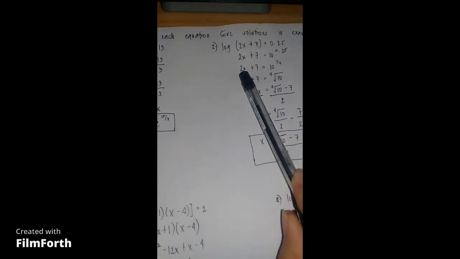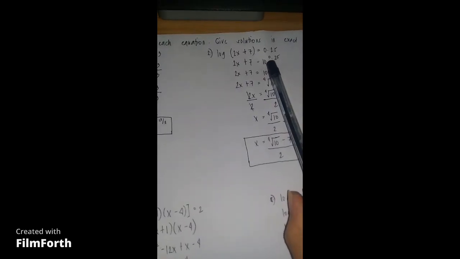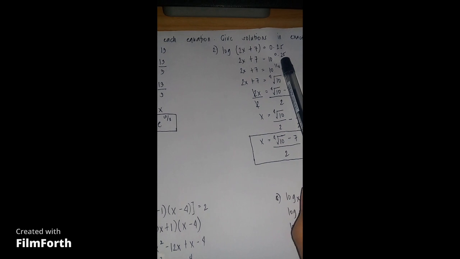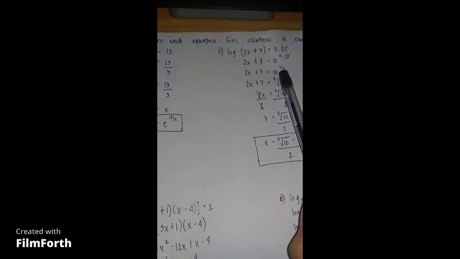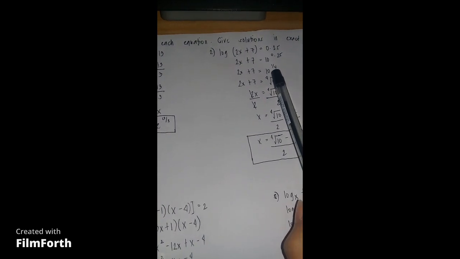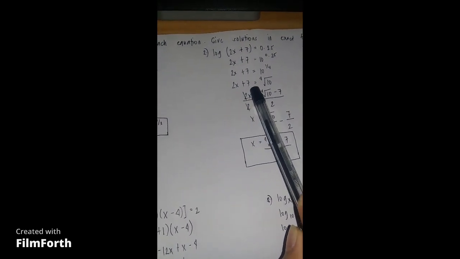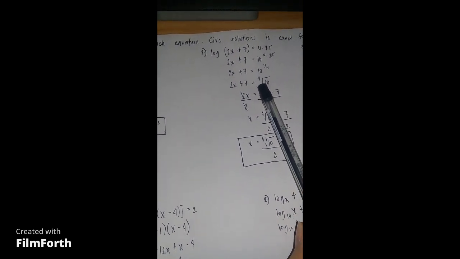Copy again 2x plus 7, then copy the 10, and the 0.25 we can make it in fractions. So we have here it equals 1/4. So 2x plus 7 equals, we put here 10 to the 1/4, the fourth root.